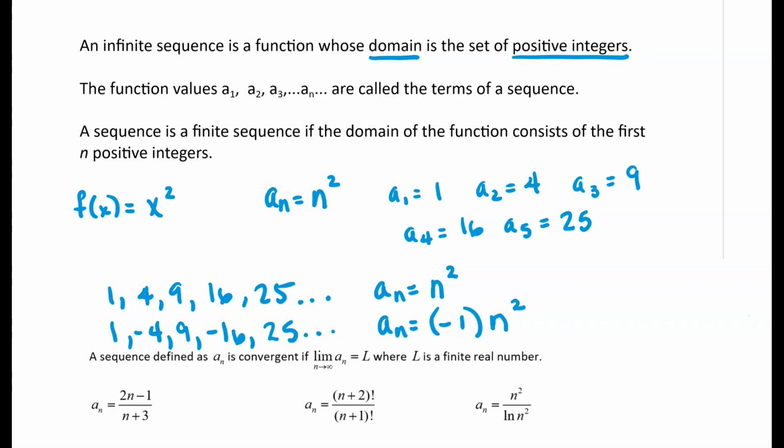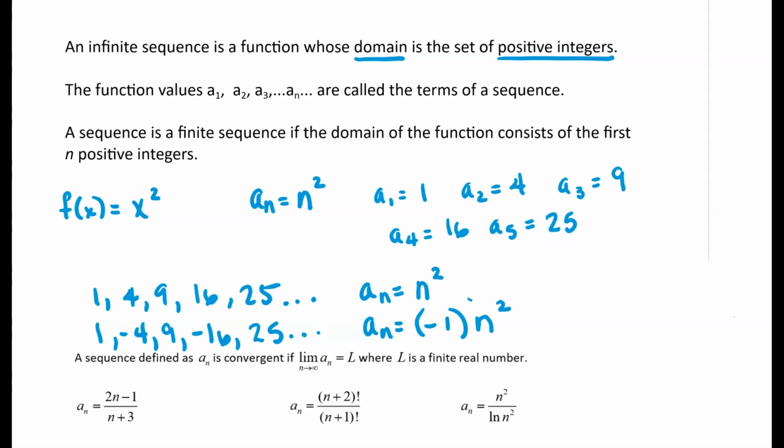If I put in 1, it looks like my first term is positive, so I need an even exponent, so my product is positive. Usually we either put an n or an n plus 1, and in this case I would put an n plus 1 because when I put in 1, I need it to be even. When I put in 2, I need it to be odd, so I get that negative second term.